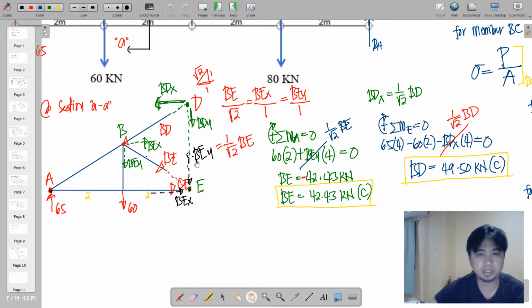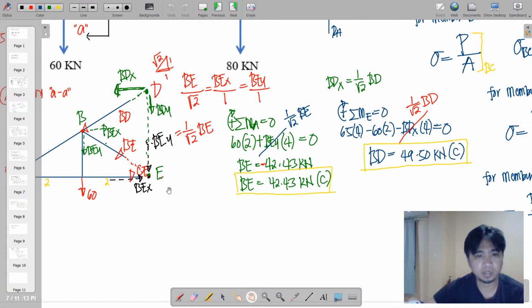So taking moments at D, BDY has no moment arm. So we will be just concerned with BDX. And BDX will be expressed in terms of BD using the same slope, because AB and BD has the same slope, 1:1, square root of 2. So we write BDX, that is equivalent to 1 all over square root of 2 of BD.